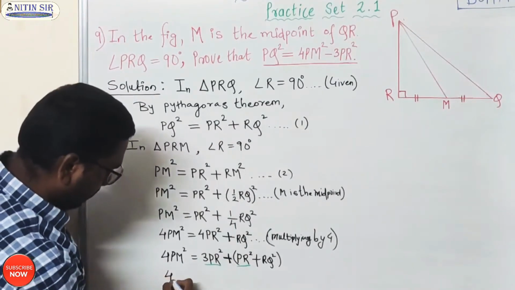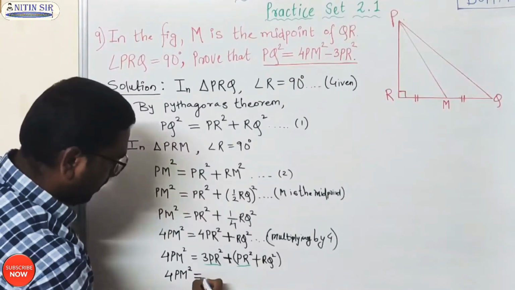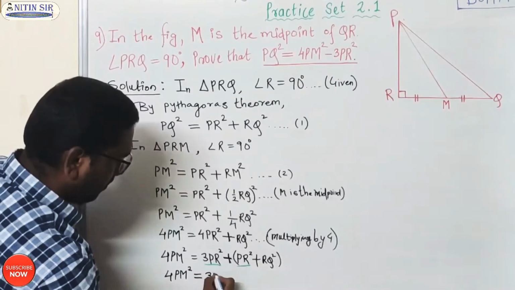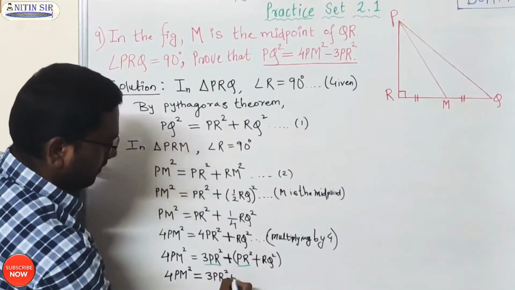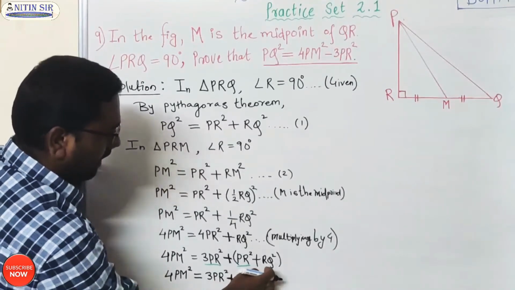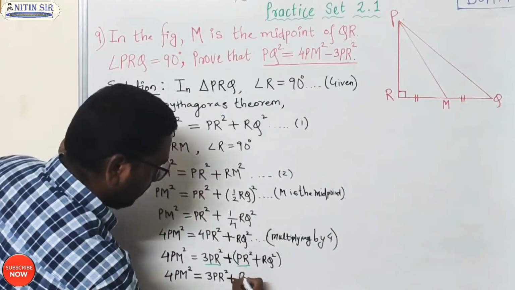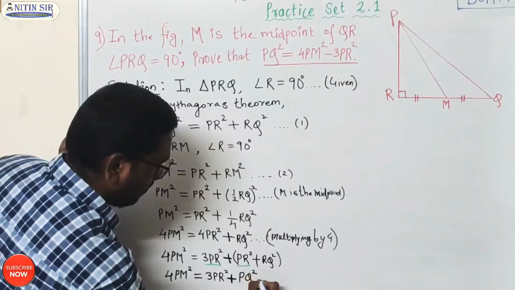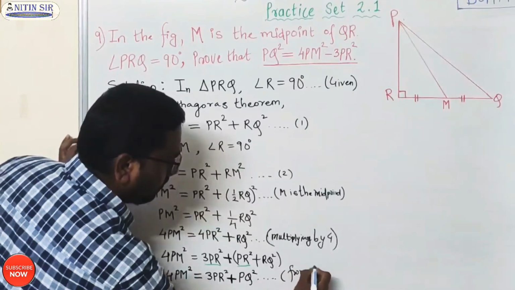So 4 PM square is equal to 3 PR square plus PR plus RQ is what? PR plus RQ is this one. We will write here PQ square. So we can say that we have taken this from 1.